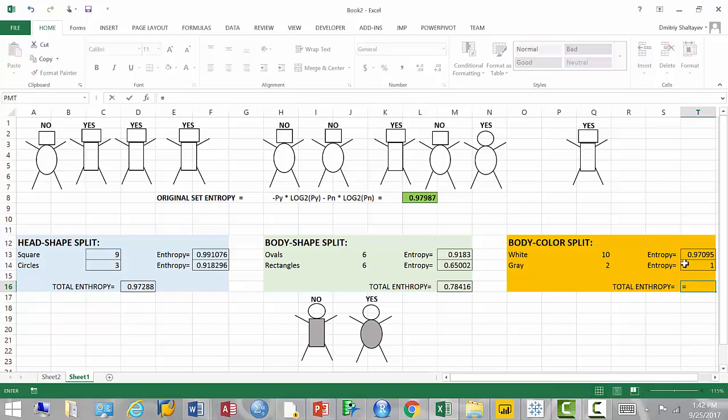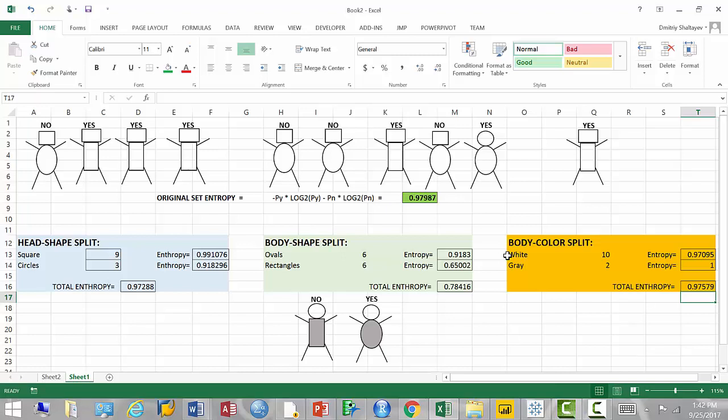So I take the entropy of the large set, 10 cases out of 12, plus the entropy of the smaller set, a perfect 1, times 2 cases out of 12. That gives 0.975, okay? So that's basically what Christmas is all about, ladies and gentlemen.